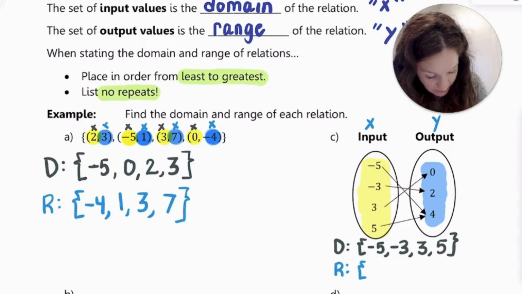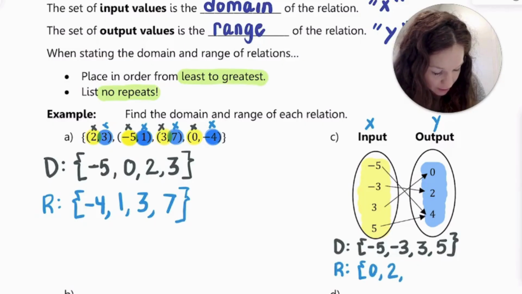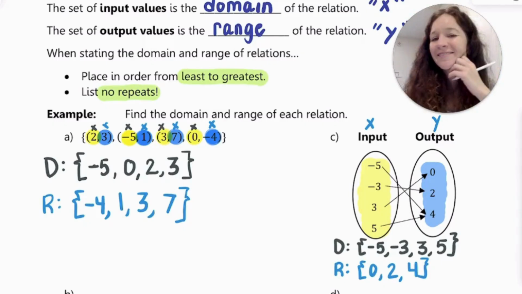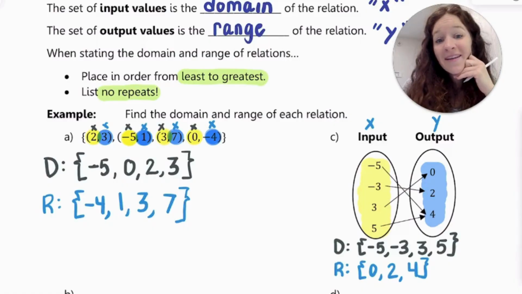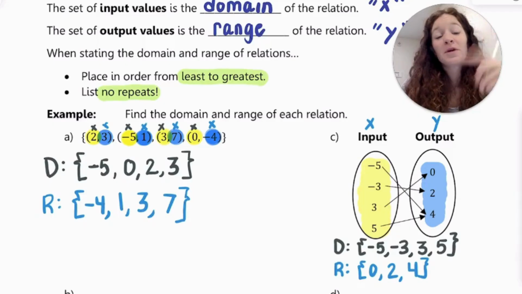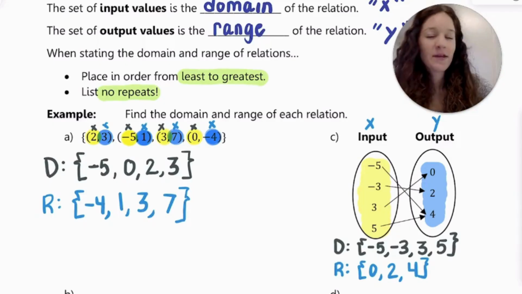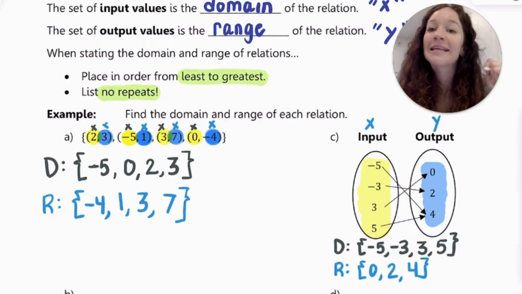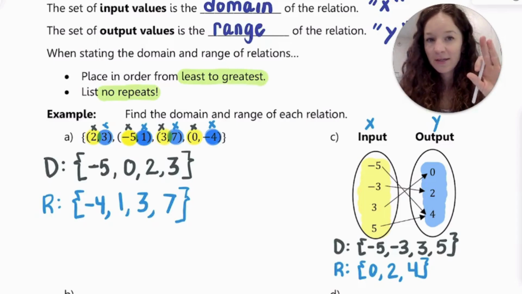Already in order from least to greatest, already took out our repeats for us. So we're just going down that line, 0, 2, and 4. Okay? So that's all we have to do for the mapping diagram. So that's probably when you're asked to find the domain and range and you get a mapping diagram, you're like, score, I got it. This one's easy peasy. You don't have any thinking to do there.